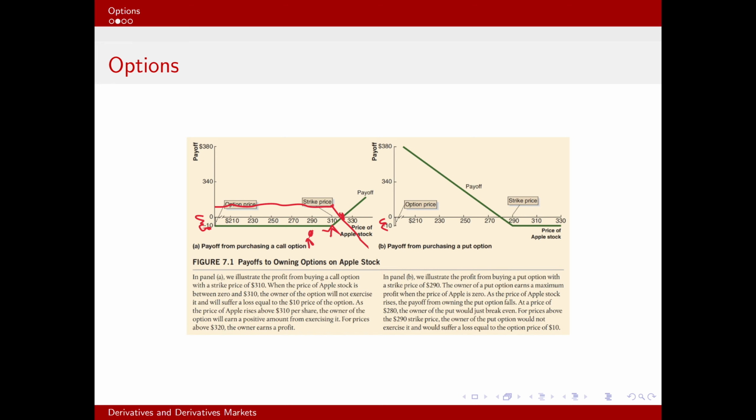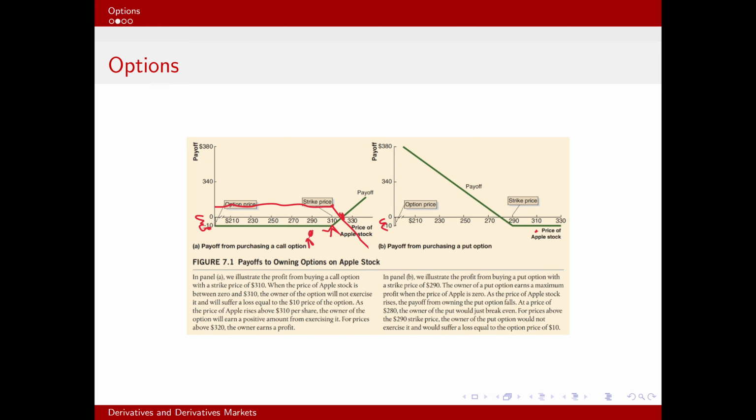For every dollar above $290 that Apple shares traded at, you're going to make nothing from it, because the idea is that you want to sell it for as high relative to the market price as possible. If Apple's trading at $310, you would not exercise the right to sell it for $290, because you could just short a $310 Apple stock and save those $20.